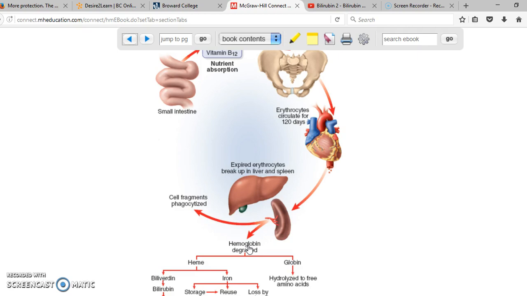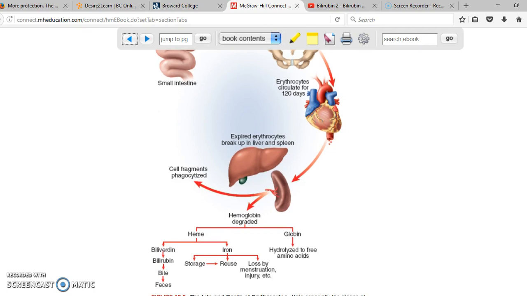What are the components of the hemoglobin? Heme and globin. So the first step in destroying this inside the macrophage is to separate the heme and the globin. We said that the globin is just a protein, so that part is going to get destroyed into amino acids. Now we said the heme has two parts, the red part and the iron.